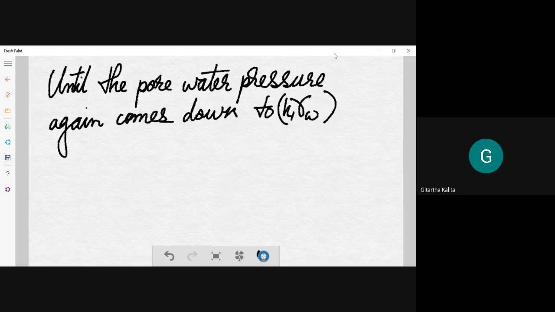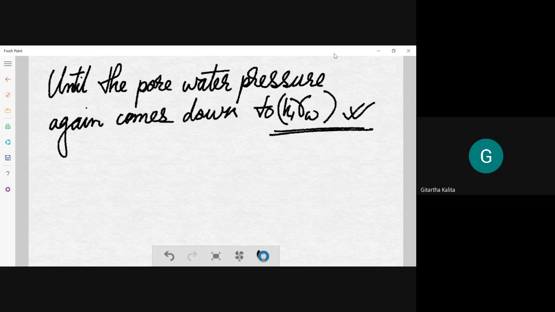Initially this was the pore water pressure, then it increased. So when it increased, the water started going out until the pore water pressure again came back to H1 gamma water. So the pore water pressure will ultimately try to regain its original value. Until then the water will keep moving out.